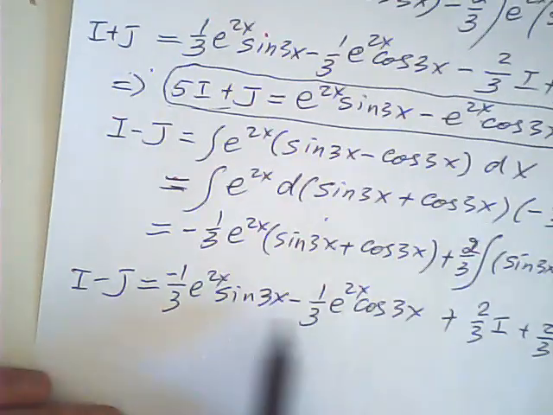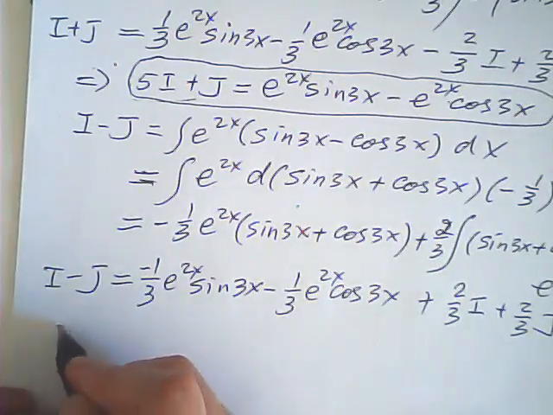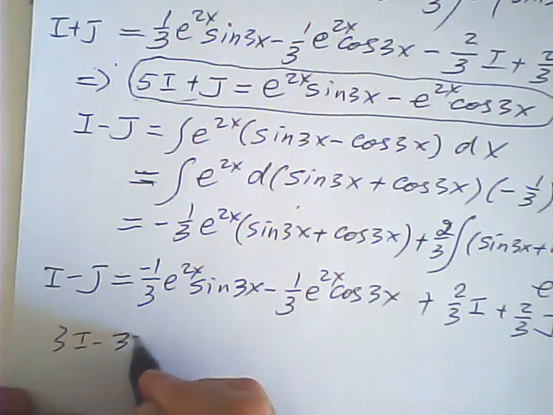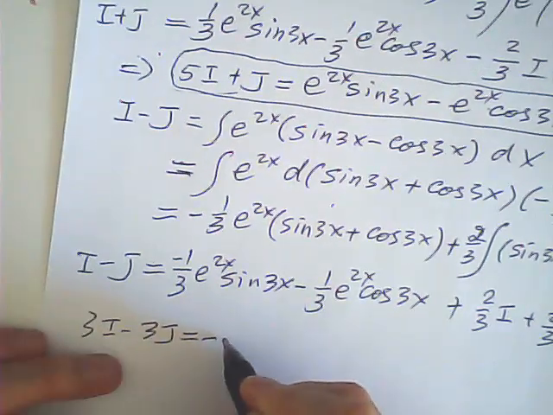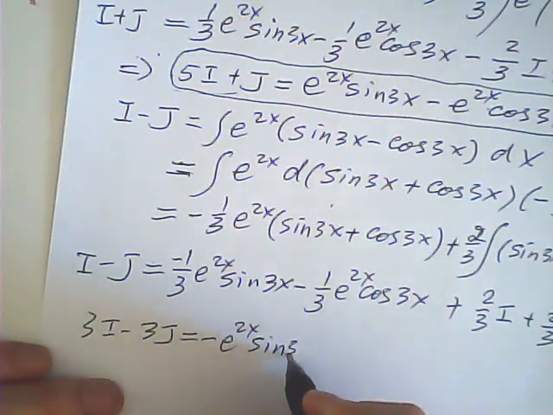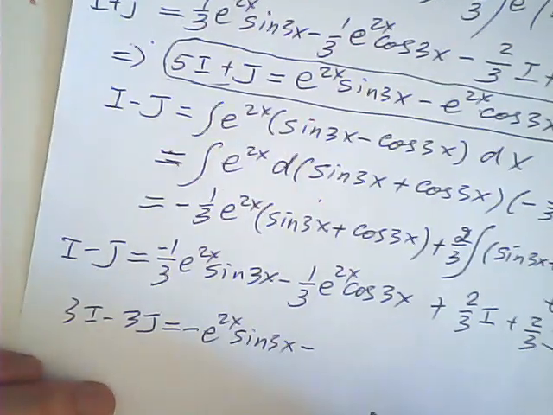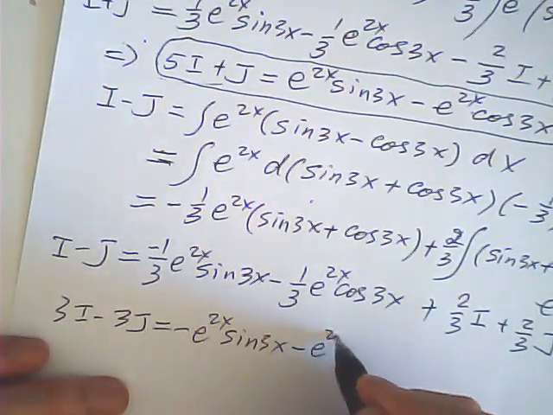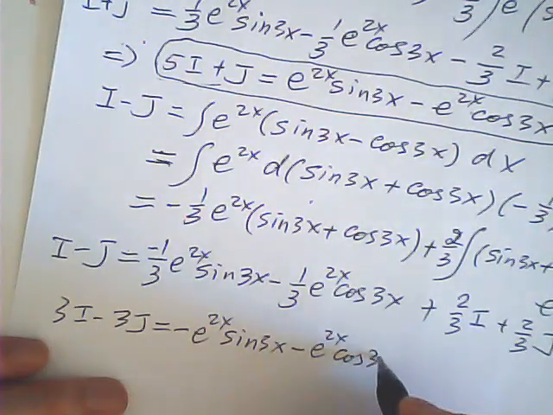Yeah, then if I multiply by 3 again, so this 3I minus 3J is equal to negative e to the 2x sine 3x minus e to the 2x cosine 3x.